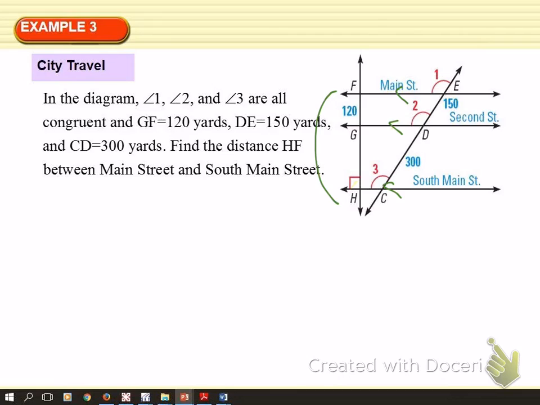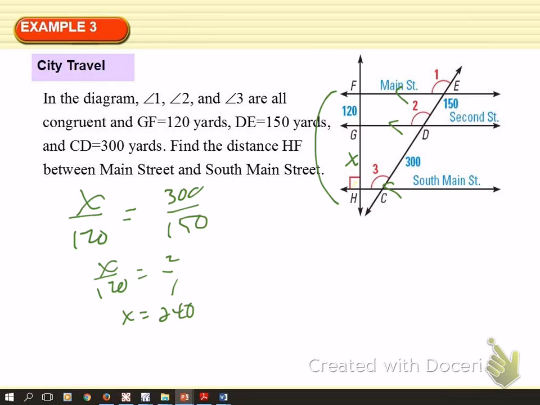You have some options. You can first let GH be X, and then write a ratio of X to 120 equals 300 to 150. Reduce that down to 2 to 1. Cross multiply and get X to be 240 yards, at which point HF would have to be 240 plus 120, which is 360. Okay?